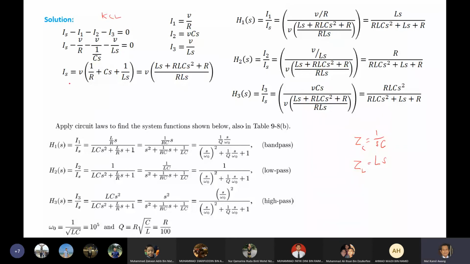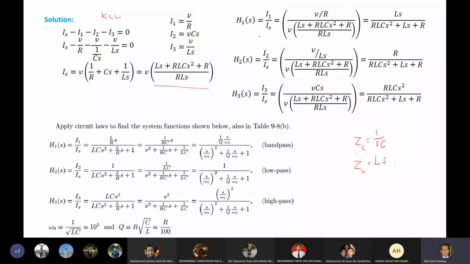Therefore IS can be written as V times 1 over R plus CS plus 1 over LS. This can be written as LS plus RLC S square plus R divided by RLS, times the whole thing times V. So this is your IS.